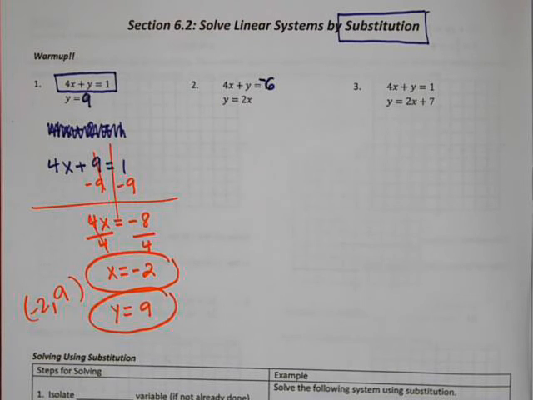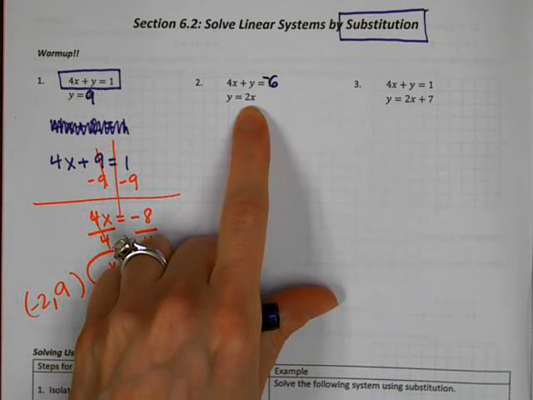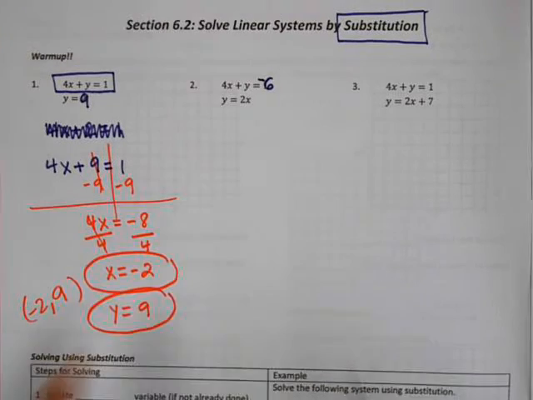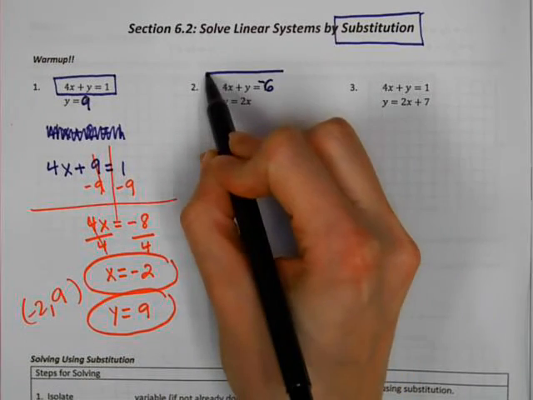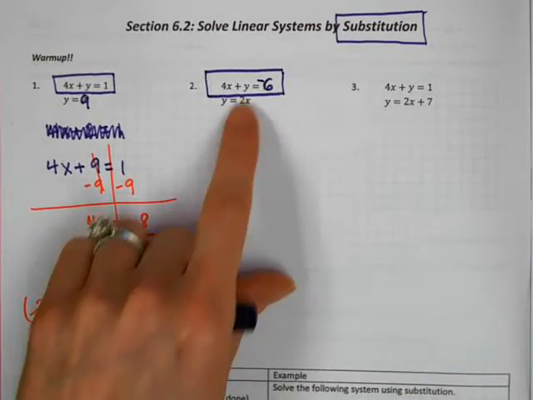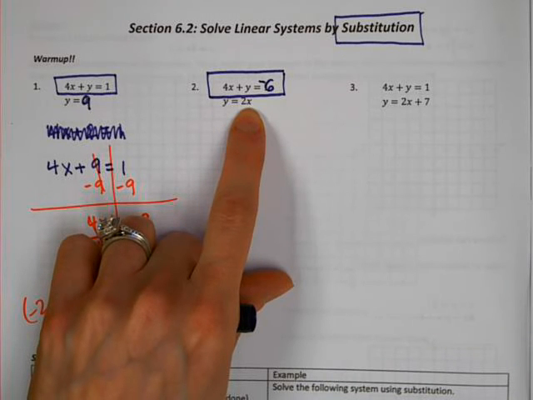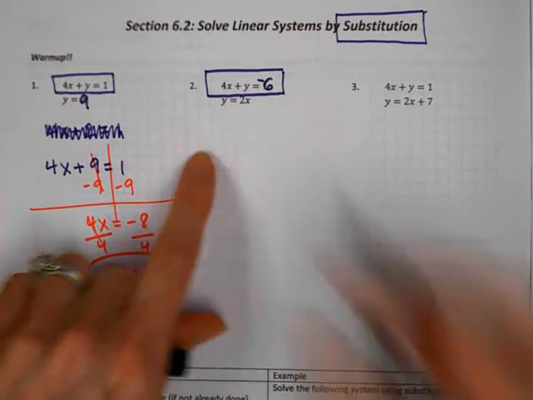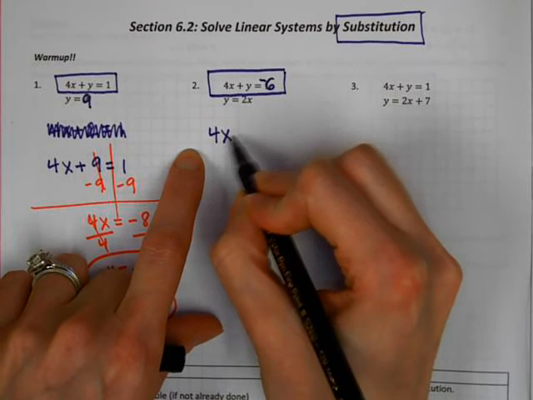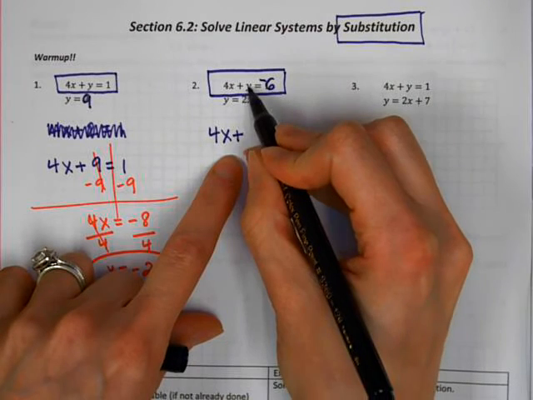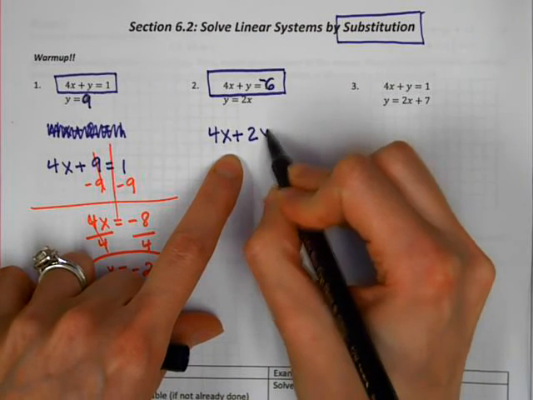Okay, so number 2, see how it says y equals 2x? Well, that means that in this other equation, wherever we see a y, we can replace it with 2x. Okay, so I'm going to rewrite this, but now it's going to be 4x plus y. We're subbing in 2x.